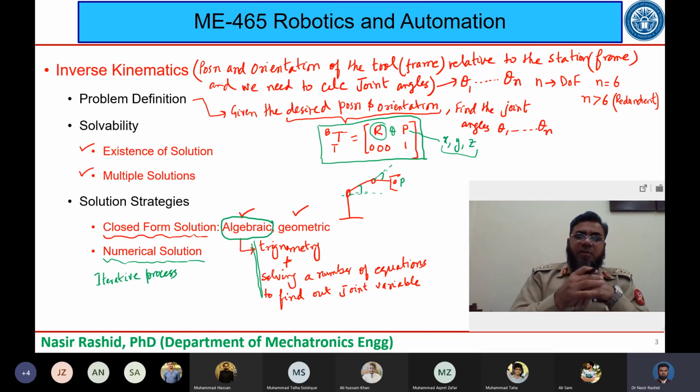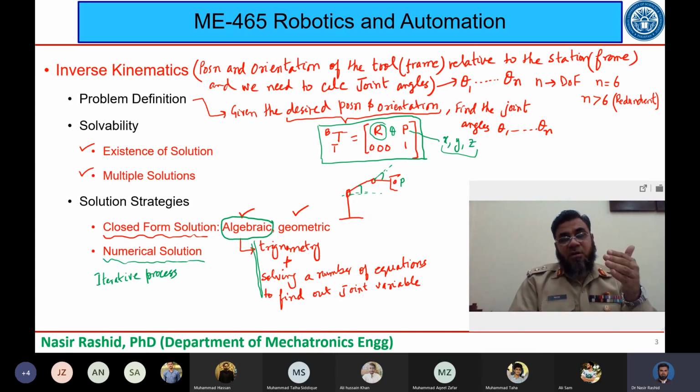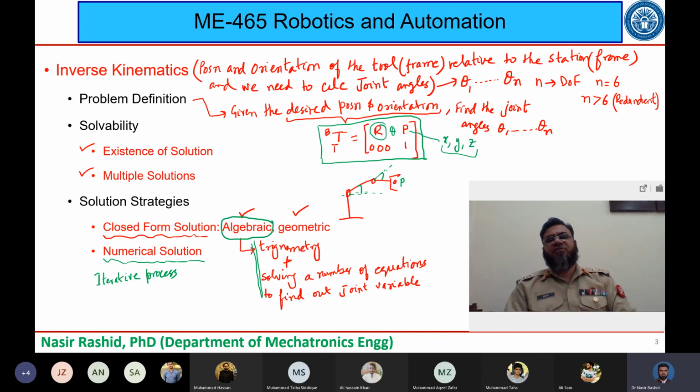Again, there will be multiple solutions. So one set of values of thetas is going to give us the position and orientation at x, y, z, and then another set of these joint angles, these joint variables, will also give us the same x, y, z, the same position and orientation. So इस लिहाज से the inverse kinematics problem is a little difficult to handle.